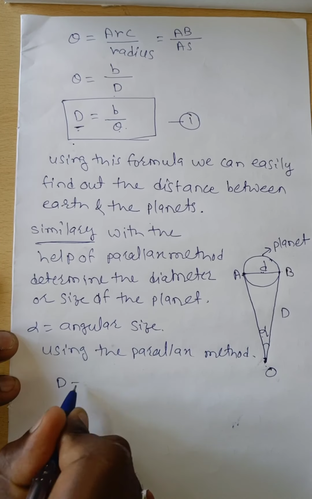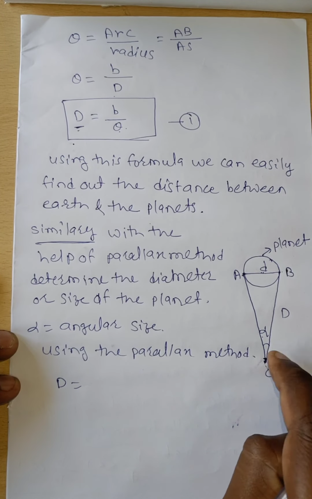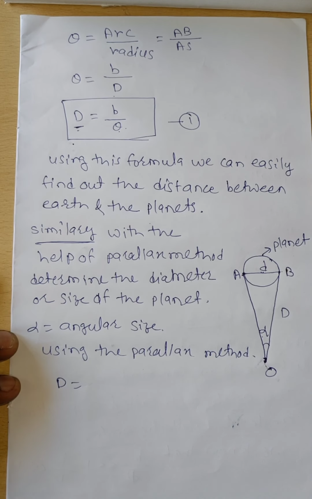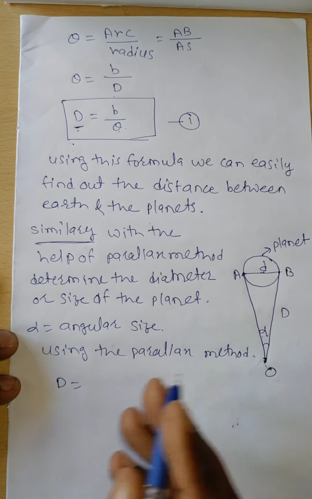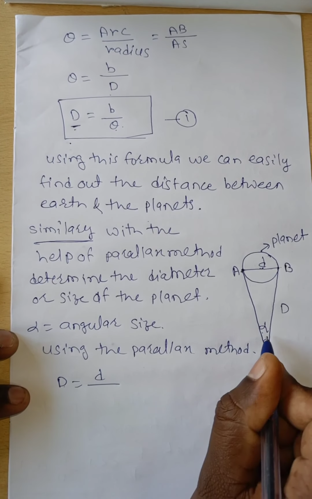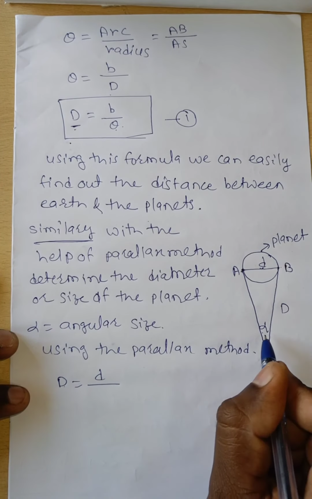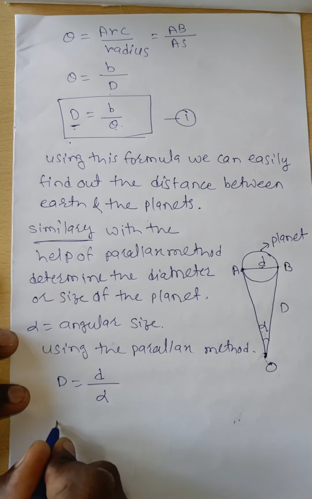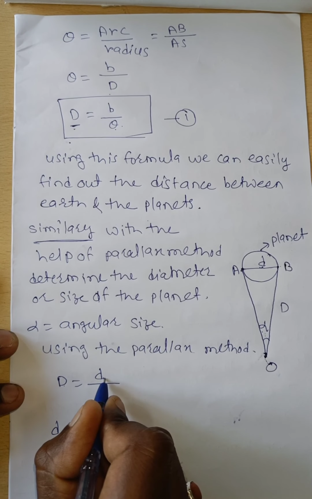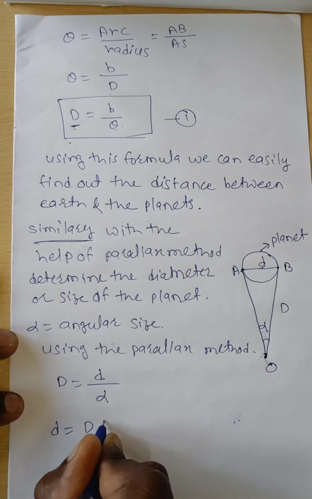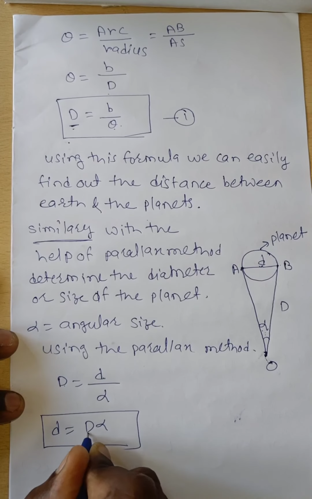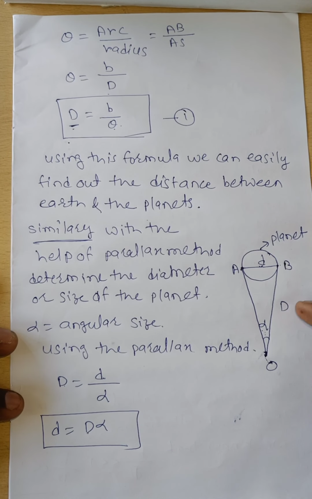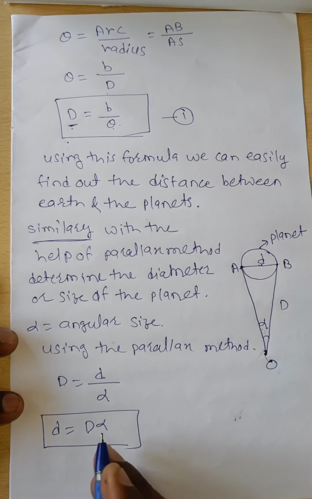Here d is equal to the basis. In this case the figure is the opposite of the parallax method, meaning the basis is d, and the parallactic angle is the angular size alpha. So d, the diameter or size of the planet, is equal to D into alpha, where D is the distance between the planet and the earth, and alpha is the angular size.